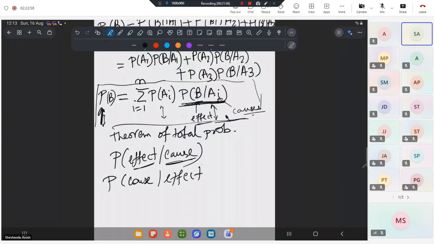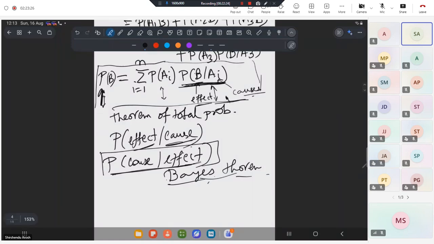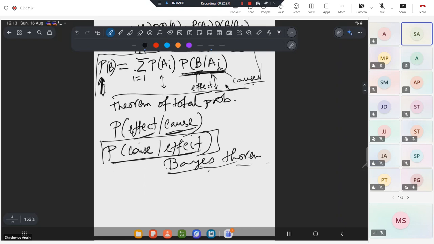How should I find that? Bayes theorem tells us about this: if you already know that a particular effect has happened, and you want to find the particular cause behind it, meaning the probability that the cause had happened, then you need the help of this theorem. So suppose I am trying to find the probability of A1 given that B has happened.